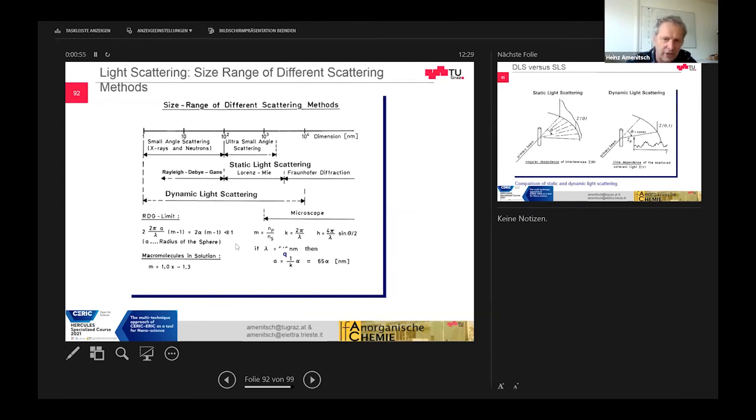So the important thing is that the phase shift is determining which kind of theory is taking place. And what is important is that the concepts with the pair distance distribution function, which you can calculate from the light scattering data, are still somehow conserved even in the Lorentz-Mie regime.